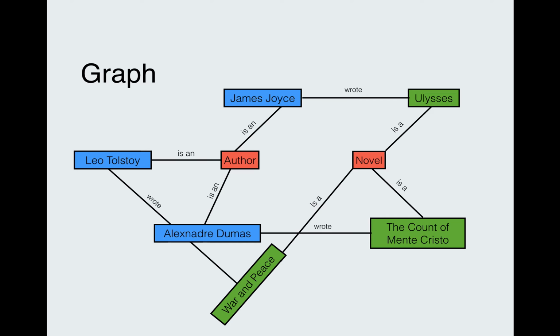They can also be useful for combining knowledge. So if you have two different groups of people working on a similar problem or an overlapping problem, and they find that it's useful to share data later on down the road, if they've modeled their data in a graph, it will be much easier to do that because their graphs are schema neutral.